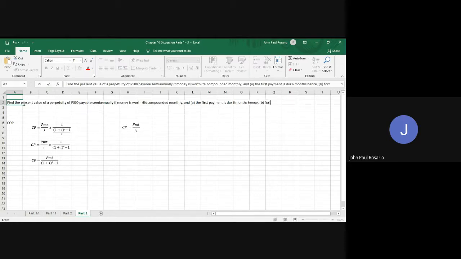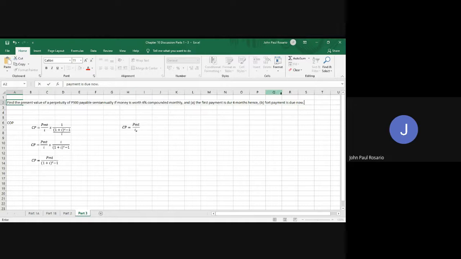So find the present value of the perpetuity.